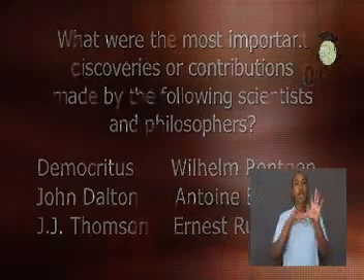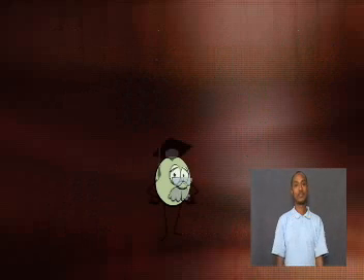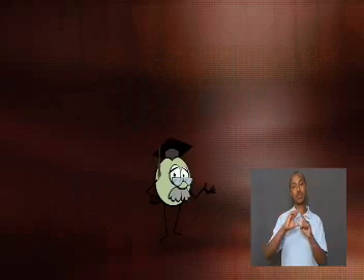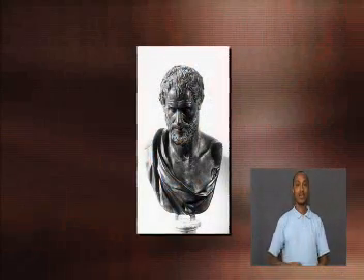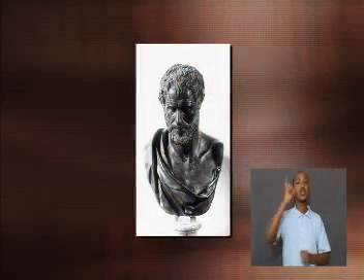Time's up. Let's get back to our lesson. Welcome back, students. Were you able to identify all the discoveries made by these scientists and philosophers? Let us find out together. We will start with Democritus.